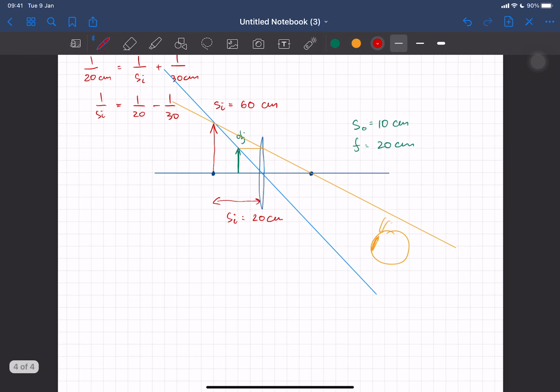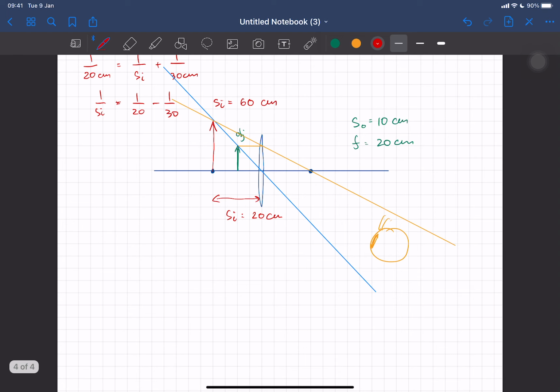And let's check from the lens equation if this makes sense. So 1 over f equals 1 over si plus 1 over so. 1 over f is again 1 over 20. 1 over si, that's what we want to find. And 1 over so is 1 over 10.